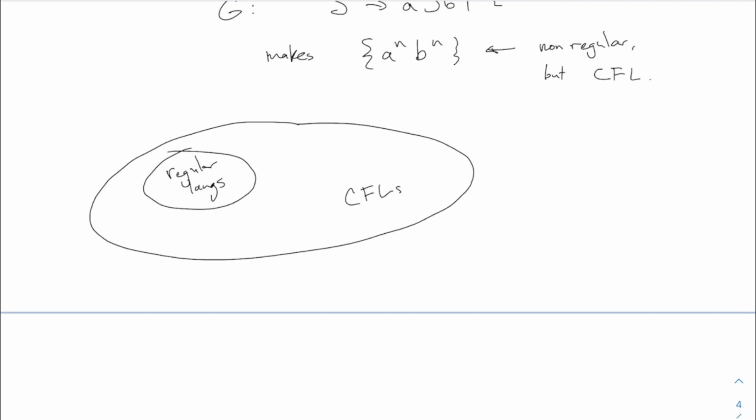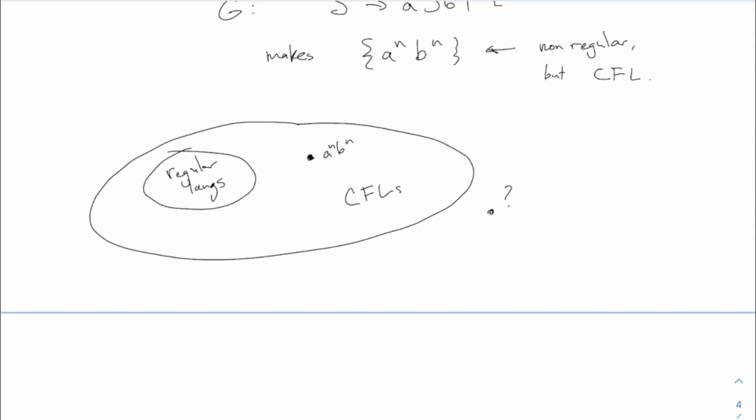In particular, I'm going to indicate on my diagram a specific language over here, A to the N, B to the N. That's one which is context-free, but it's not regular. Are there other languages out here that are not even context-free languages? Yes, we'll talk about them eventually, but not today.